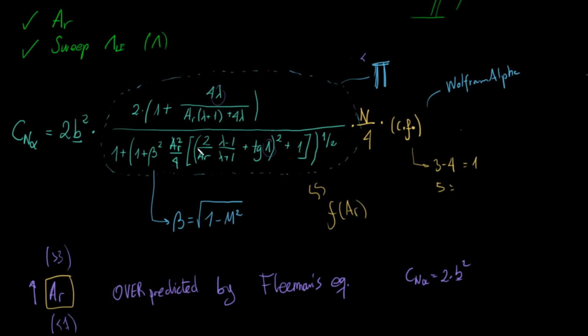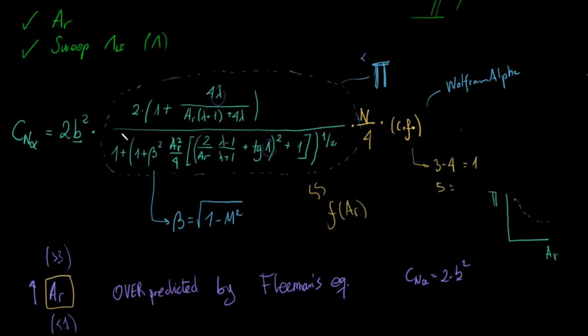What I've done is, for different sweep angles, typical sweep angles between 30 and 45 degrees, I plotted out the correction factor pi as a function of the aspect ratio. It was something like this. It looked like a power function.